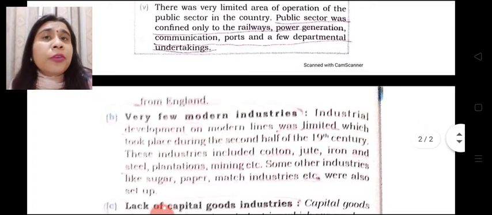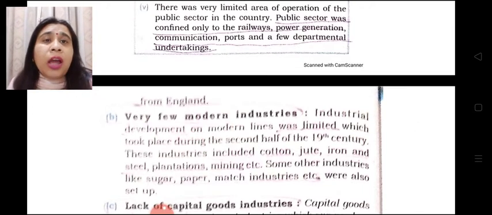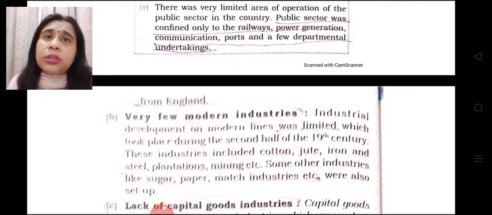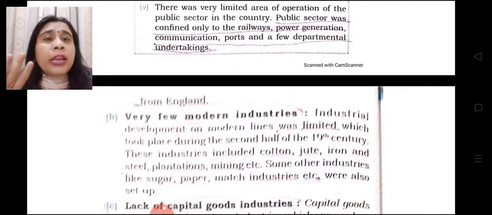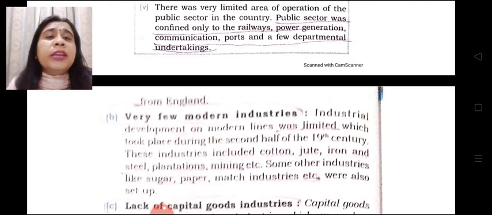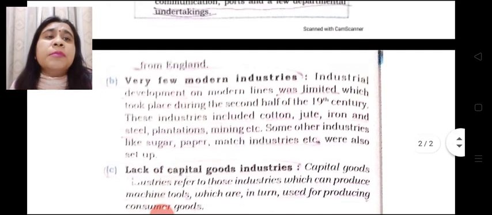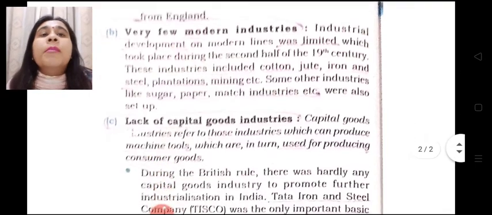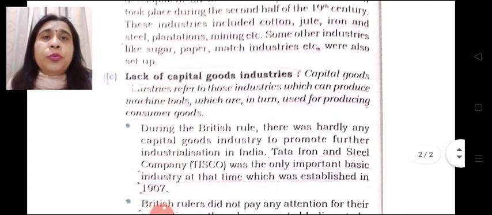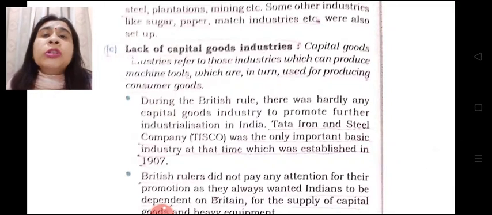Secondly, there were very few modern industries, and these could just be counted. These modern industries included cotton, jute, iron and steel, plantations, mining, etc. Some other industries like sugar, paper, and match industries were also set up, but the industries were very few. Thirdly, capital goods industries were very few.